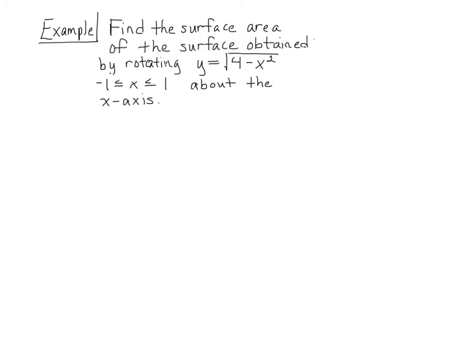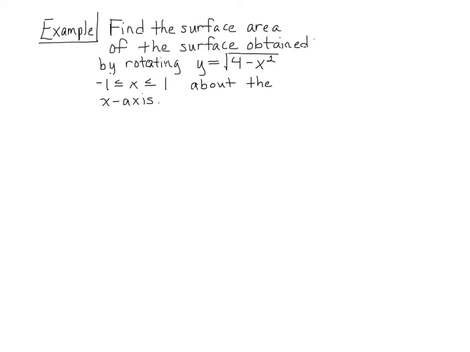Now let's find the surface area of the surface obtained by rotating y equals the square root of 4 minus x squared, where x is between negative 1 and 1, about the x-axis.